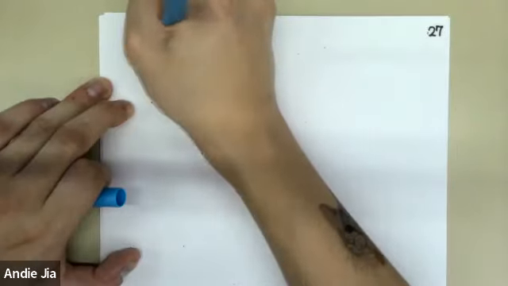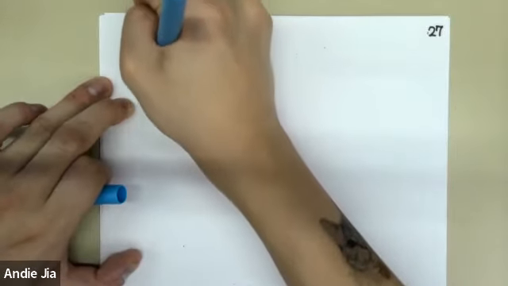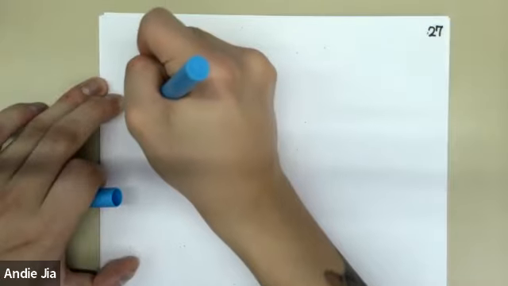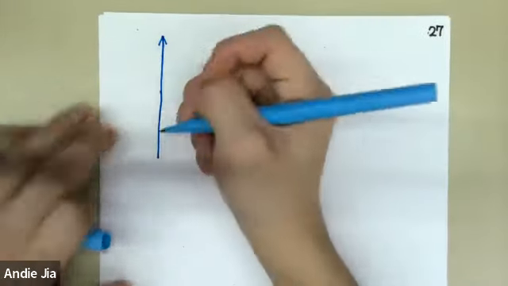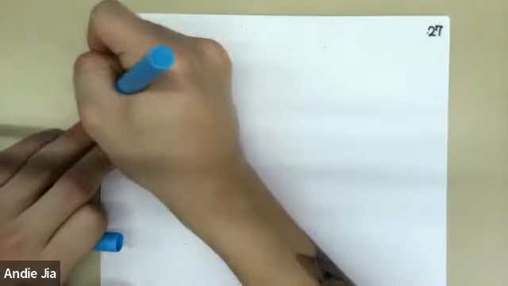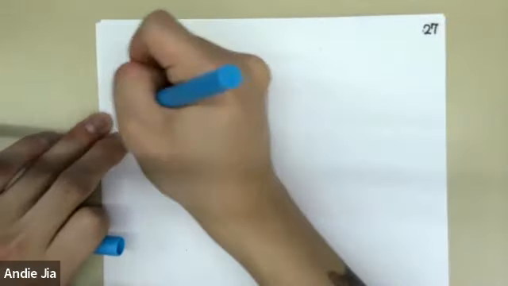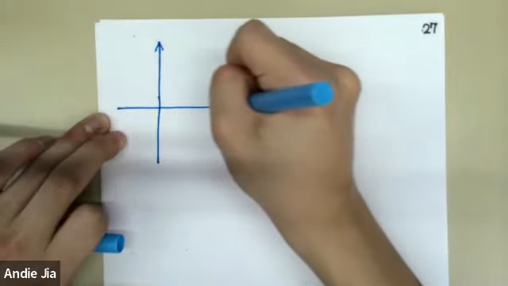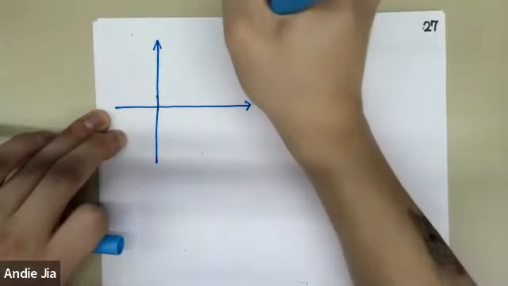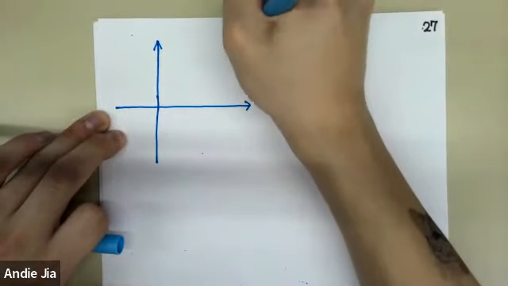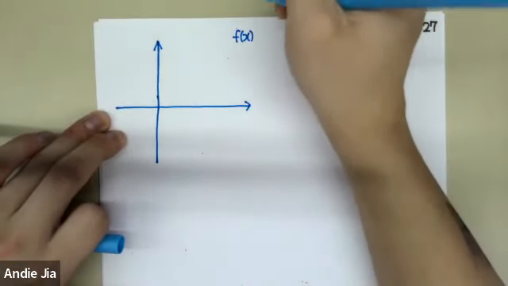Perhaps this is just the XY axis, and this says f of x equals 2x squared minus 4.